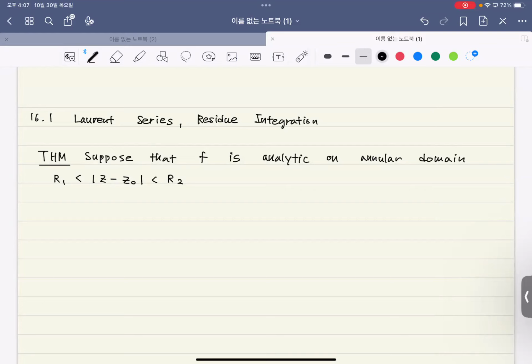And the distance from here to there, this is R1, and from here to there, this is R2. And we are assuming that our function is analytic. I have no idea what happens inside of this inner circle, but what we know is my function is analytic on this annulus. And this is centered at Z0.